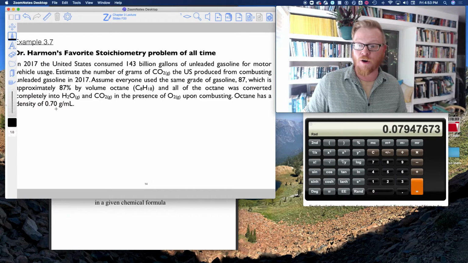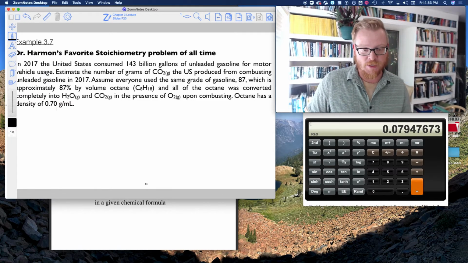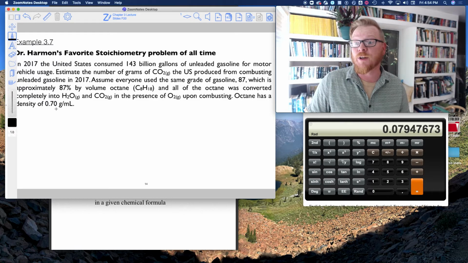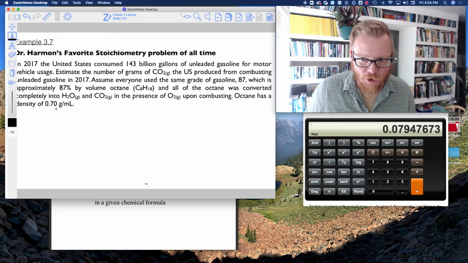This is a hard problem, but this is why you're in college, right? To solve the world's problems. So I don't want to waste time with doing these like worthless chemistry problems that you'll only ever see in your textbook. I want you to be able to calculate real stuff. Like if we consume 143 billion gallons of gasoline in 1 year and only cars, right?